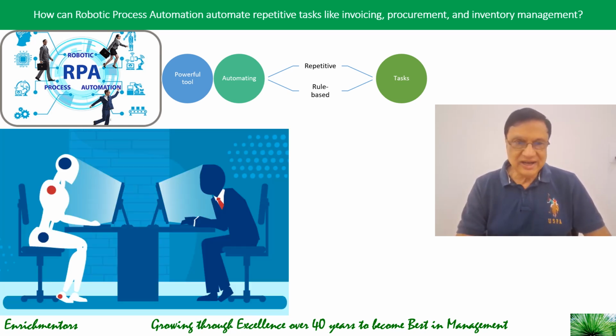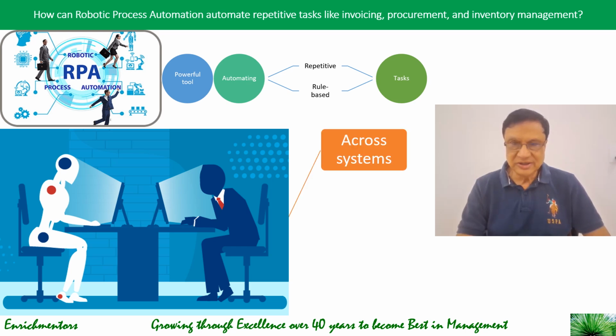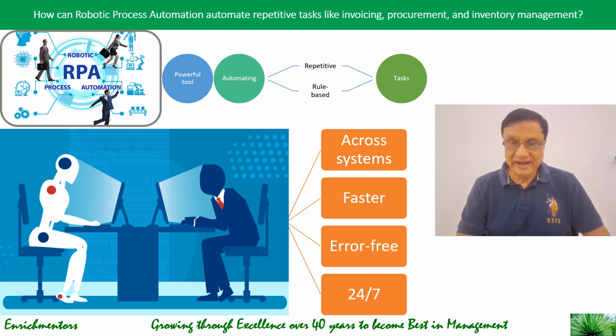It acts like a digital worker that mimics human actions across systems, but faster, error-free, and 24/7. That's the beauty of RPA. It supplements the human being's work in terms of automating what is repetitive.